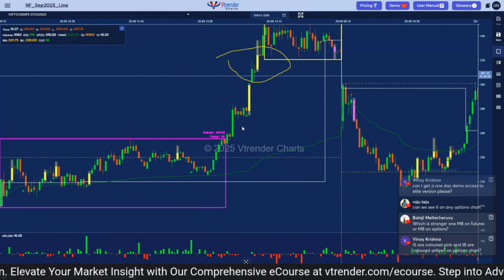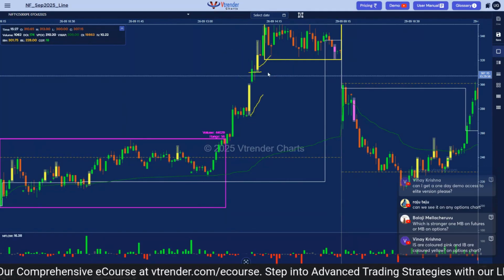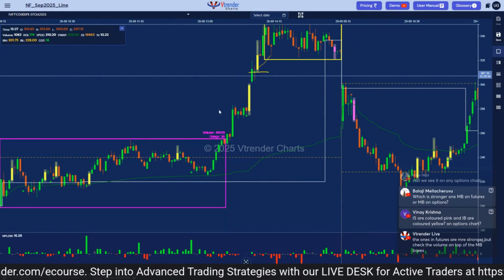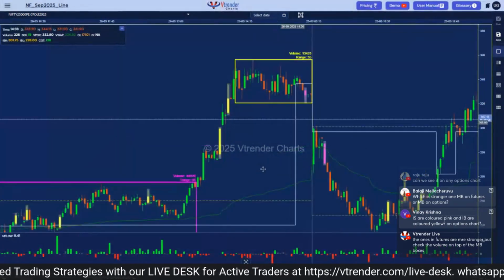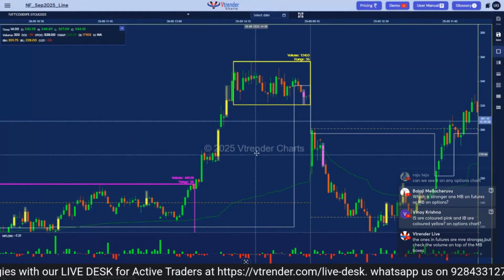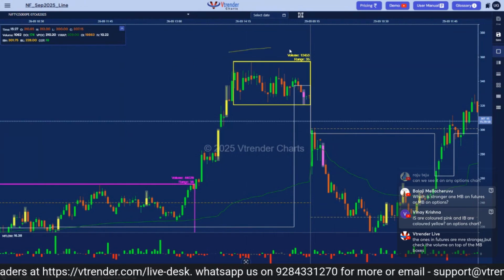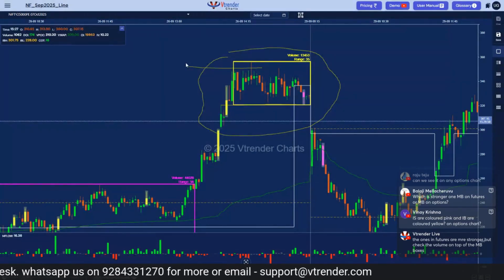And when the target is getting hit, you're getting more IBs. So you can make use of this last IB3 as your trailing stop loss after part booking your profit. So this is how you need to look out for these micro balances and then accordingly trade them. And then you can see how this micro balance at the top was telling us, now it has again got back into a balance.